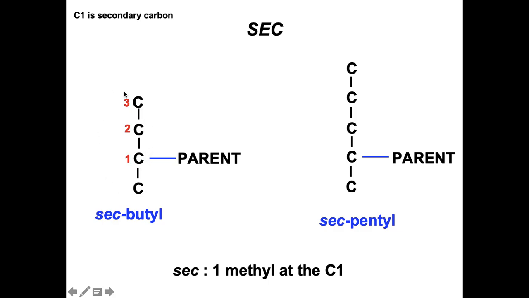Now, the total number of carbons are 4, so it's butyl and it is sec-butyl because 1 methyl at carbon number 1 branch. So you have 1 methyl here at carbon number 1 branch. And for this one, sec-pentyl because 1 methyl at carbon number 1, pentyl because the total number of carbons are 5.